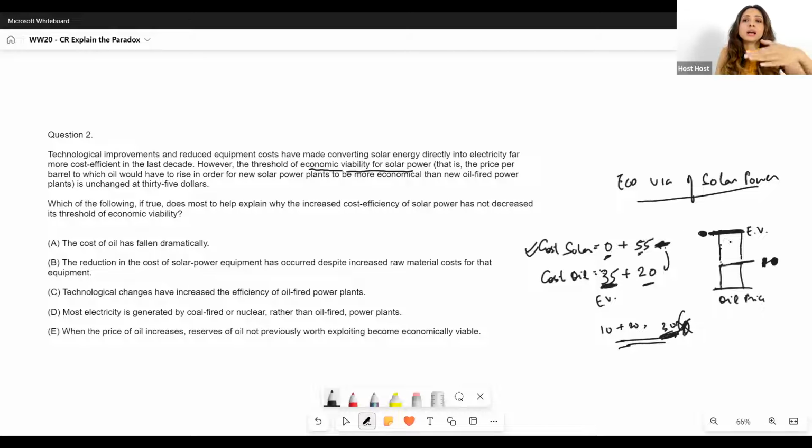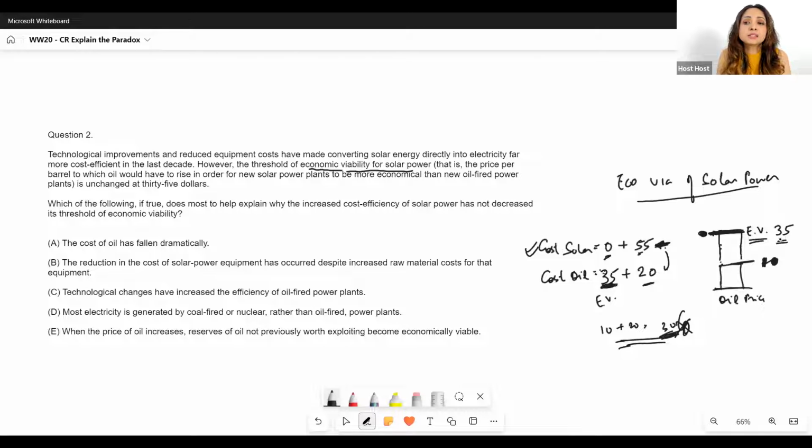It is that value to which the price of oil should rise. If it rises to this value, then my solar power becomes viable as well. Then if I produce solar also, it will become equal or cheaper, doesn't matter, right? I mean, 35 is that point of transition. So my economic viability price is 35.